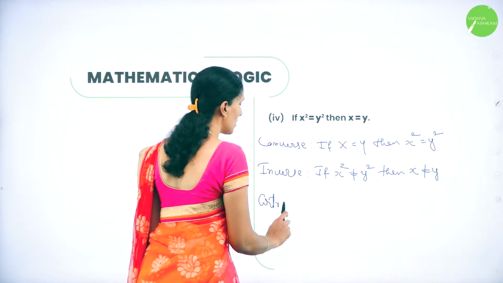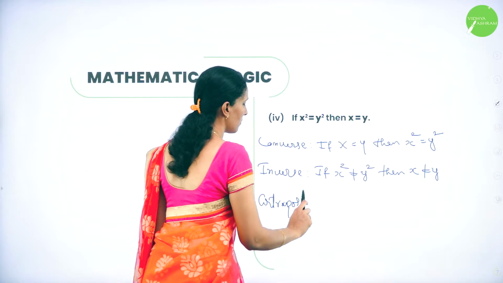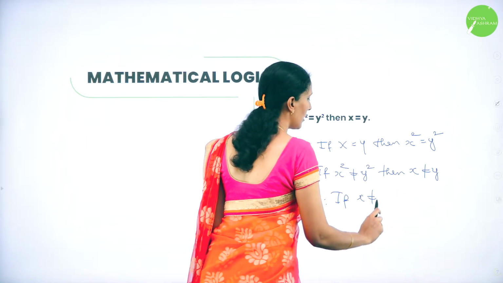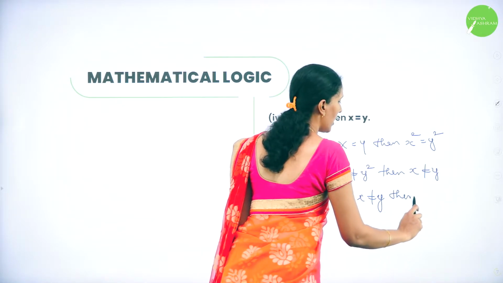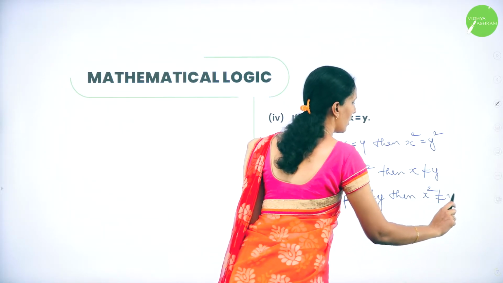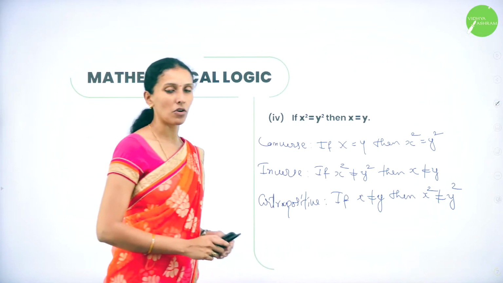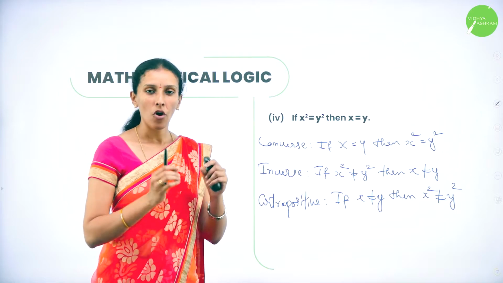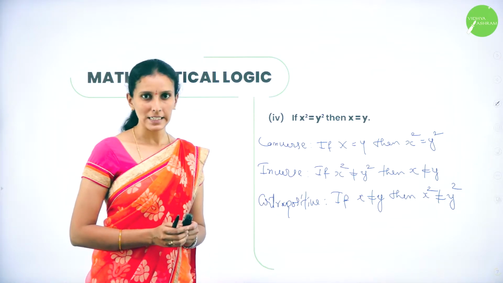Similarly, contrapositive, that is, if x is not equal to y, then x square not equal to y square. So these are the ways to write the converse, inverse and contrapositive of any conditional statement.